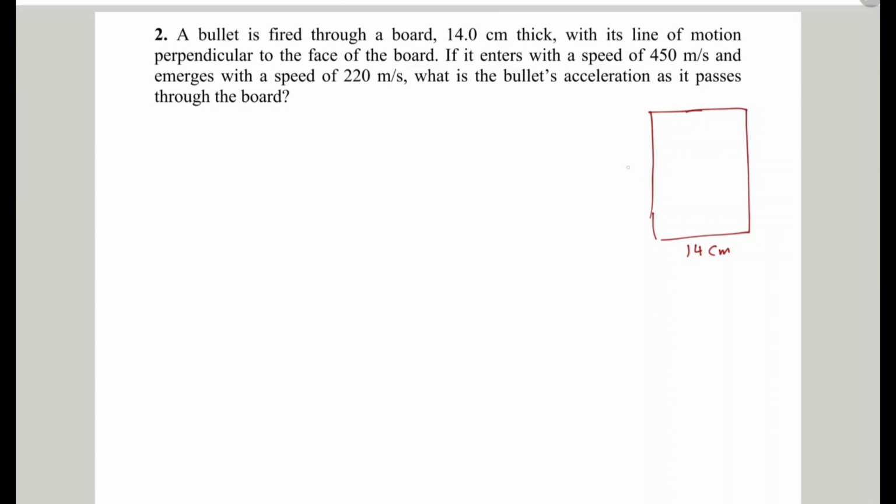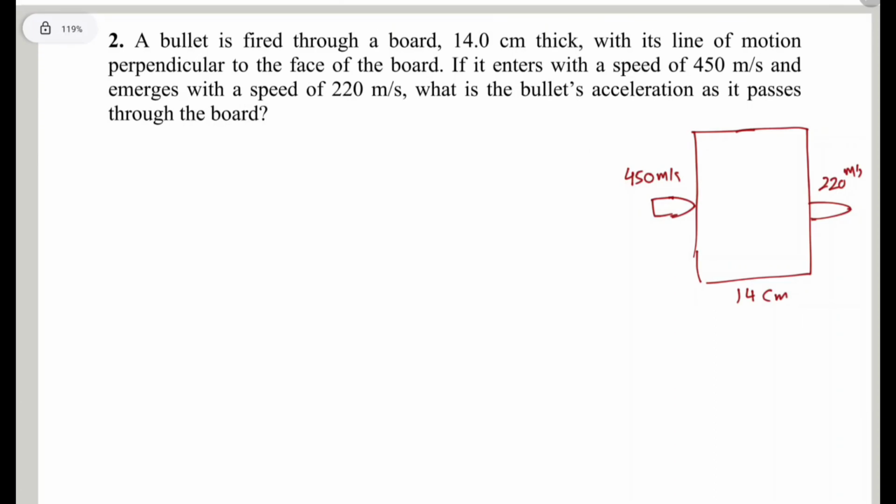Now the bullet enters this board with velocity equal to 450 meters per second and emerges out of this board with velocity equal to 220 meters per second. Now the question is, what is the bullet's acceleration through this 14 centimeters?